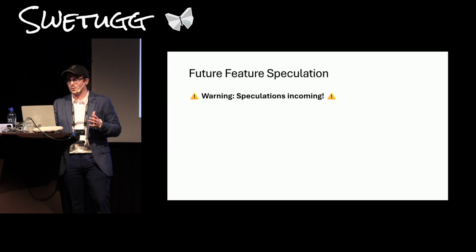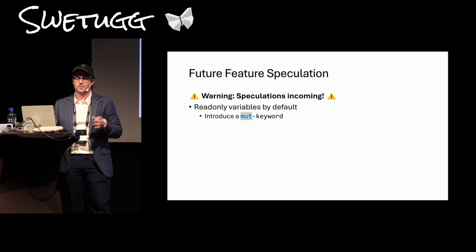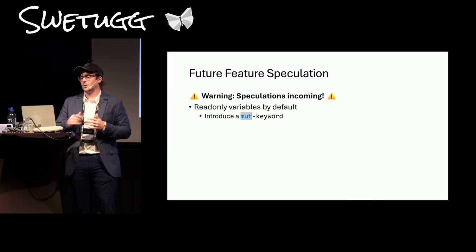So some things that I would like to see, just completely speculation. This has nothing to do with anything proposed, but from my experience using Rust, it's a really nice feature that variables are actually read-only by default. You can only assign them when you create them, and you need to write a mutable keyword to say, okay, I'm going to change this value later on.